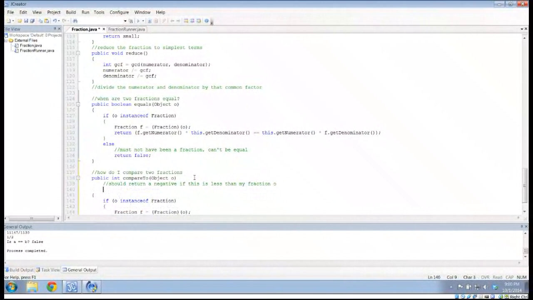Oh, and it should return a positive if this is more than my fraction. And it should return 0 if they are the same.